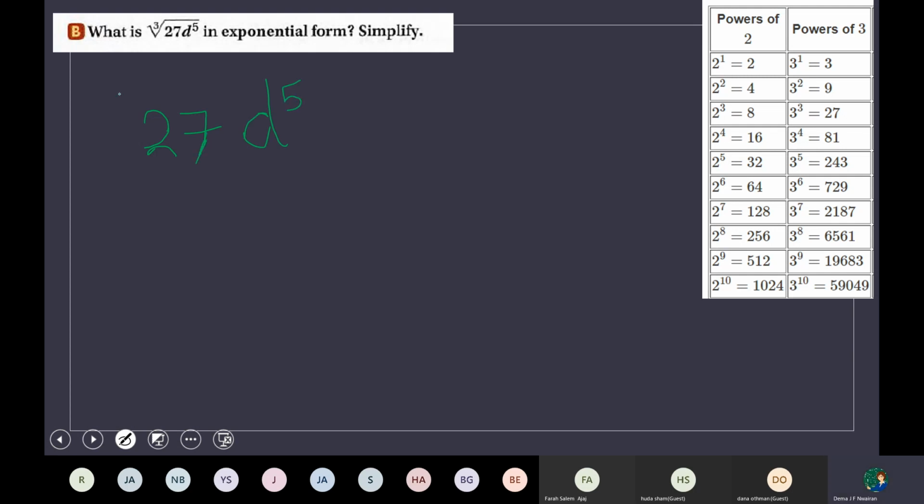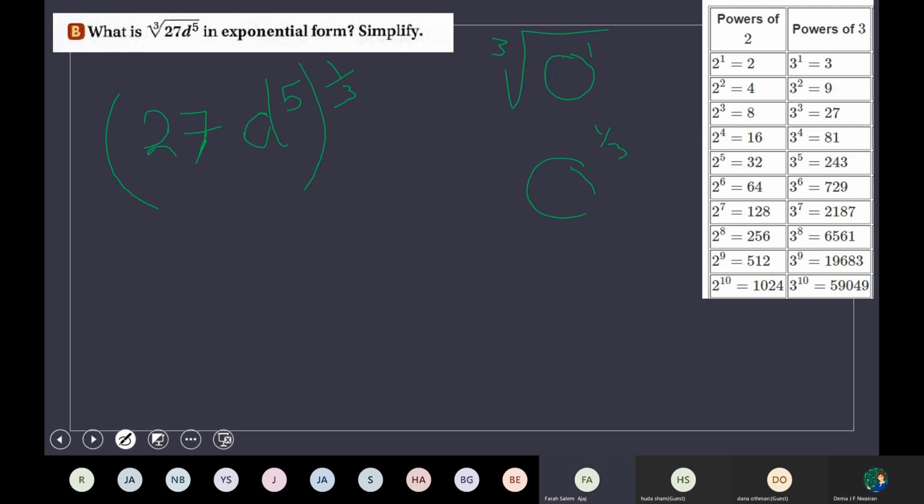And we know that if you have the cube root of anything, it means that this number is raised to 1 over 3. Rewrite the radical into exponents. So the cube root of this number, I can write outside as 1 over 3.